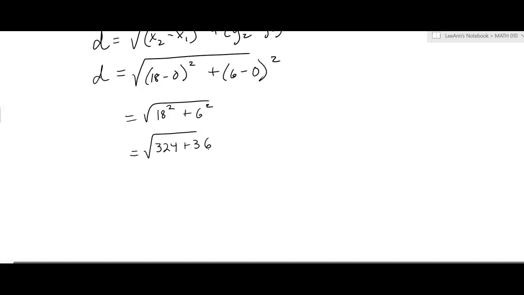And then I want to take the square root of that. I got 360 when I added those together, I hope. And it looks like I get approximately 18.9736, and it keeps going. So it's about 19 miles.